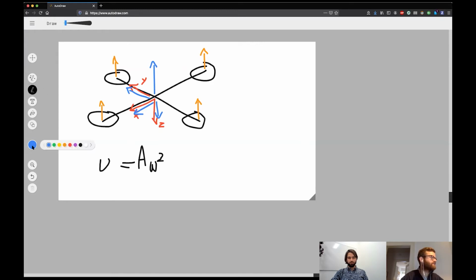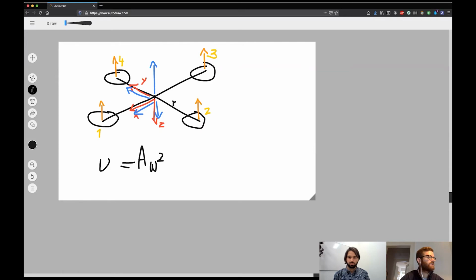We could say, for example, that this one is omega 1, this is omega 2, omega 3, and omega 4. Then you basically just have to look at the geometry. Let's say that the length from the center to the end of each arm is r.